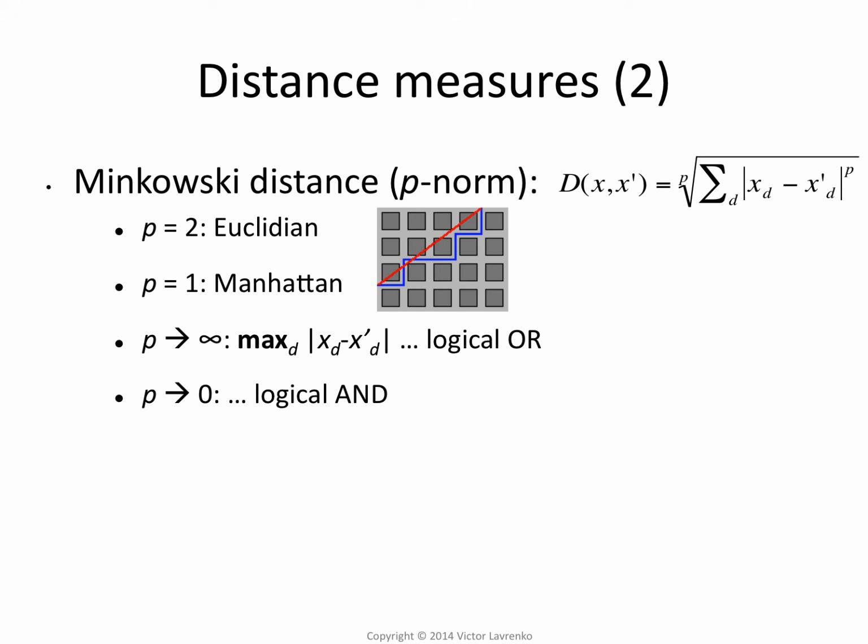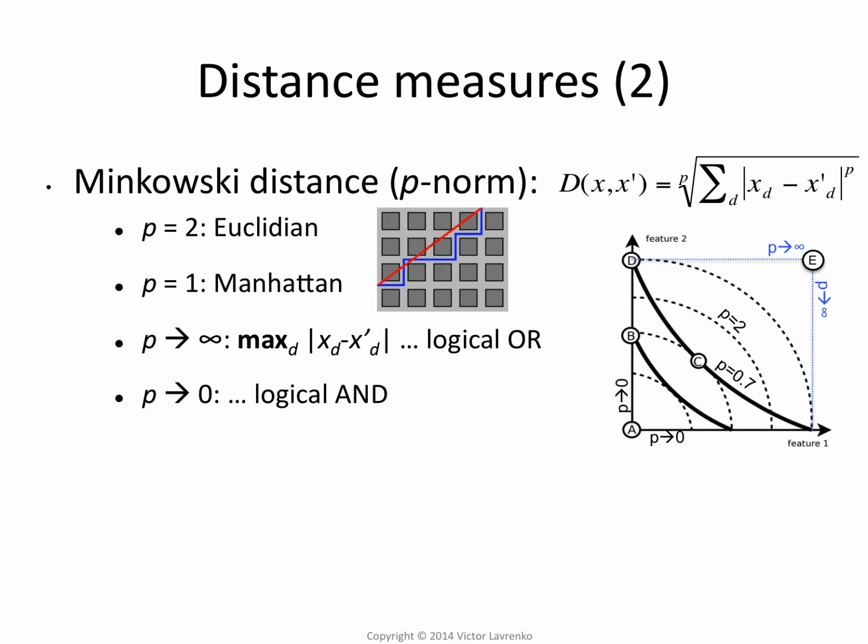So if you take the difference between the attribute values and raise it to a really, really big power, the largest of all the differences across all the attributes will dominate the others. So the whole thing will behave kind of like a max. And a max in logical space, it's kind of like an OR. It's kind of like a disjunction of the attributes. And interestingly, if you drive the p towards 0, you get a function that behaves like a logical AND.